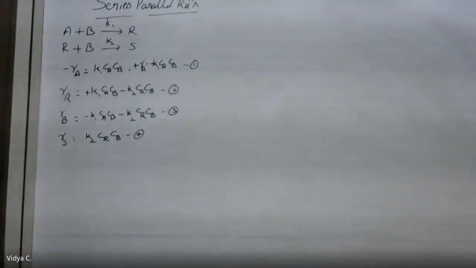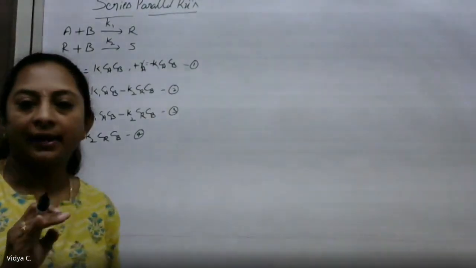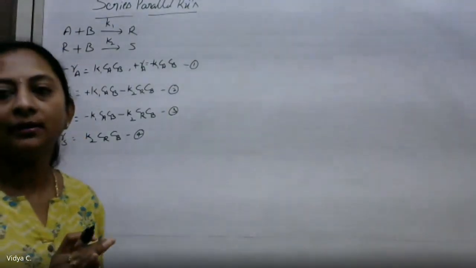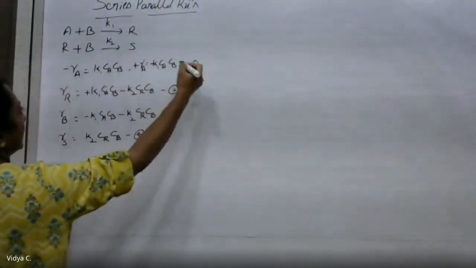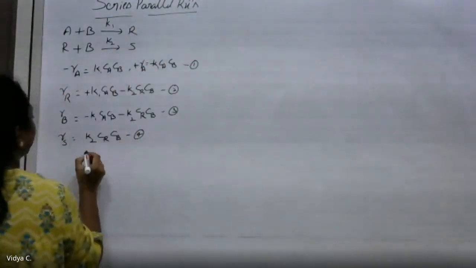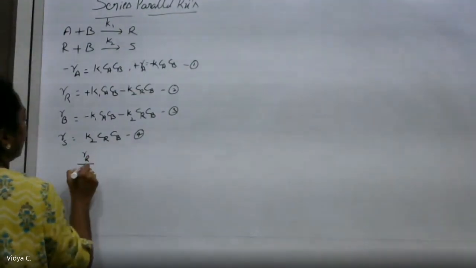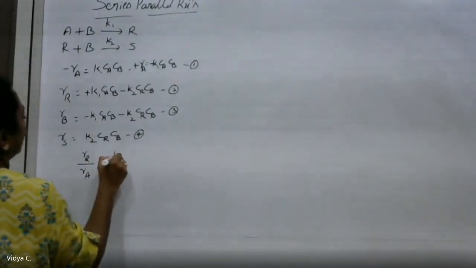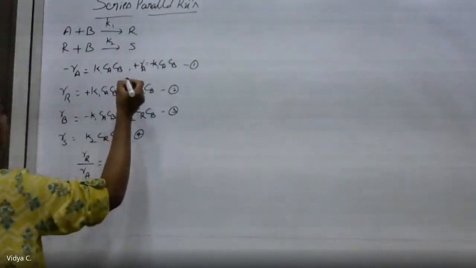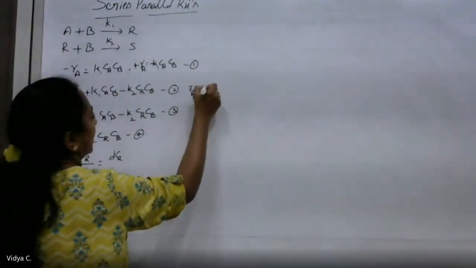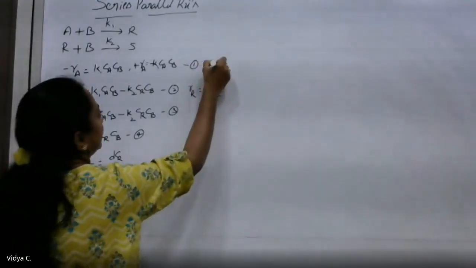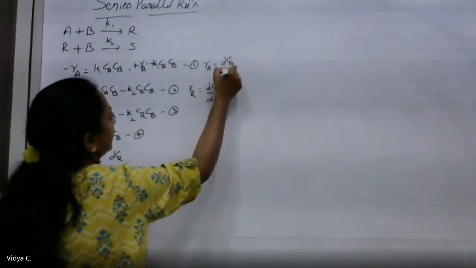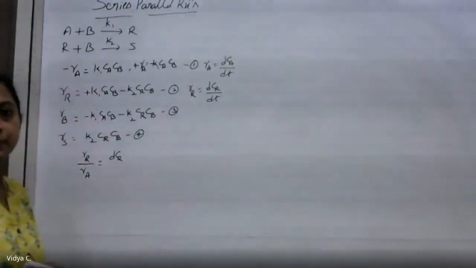Now, the main aim is, I consider A as the main reactant and R as the desired product. So let us now concentrate on R and A. I'll write RR by RA. RR is dCR by dt and RA is dCA by dt.